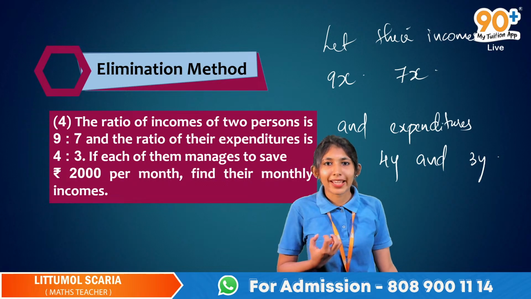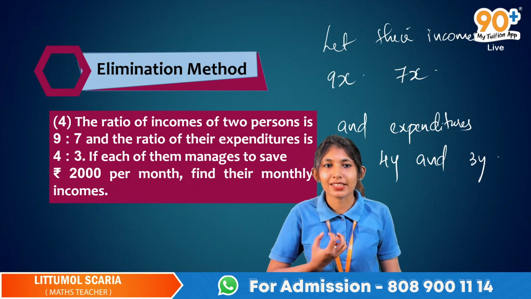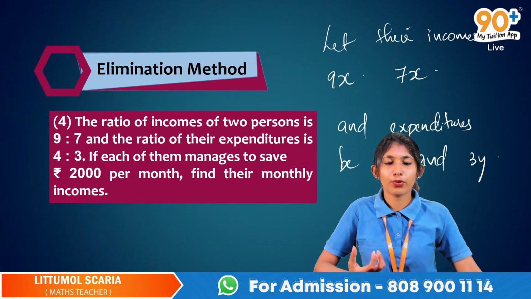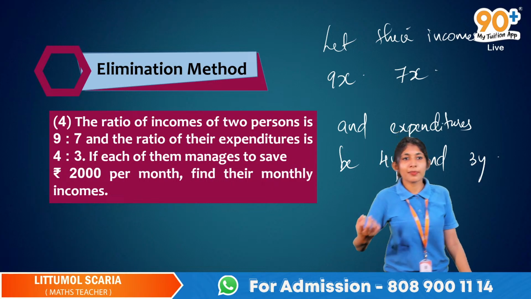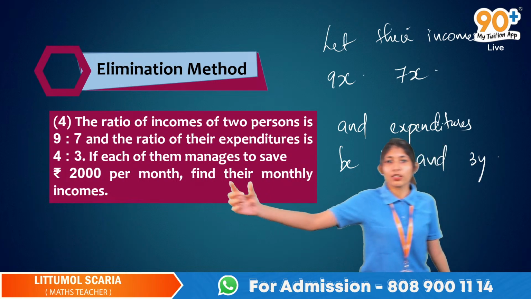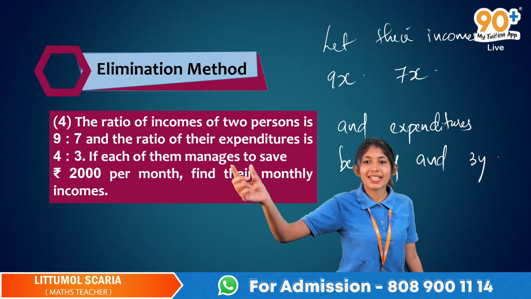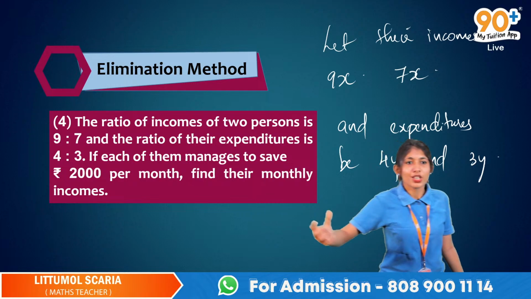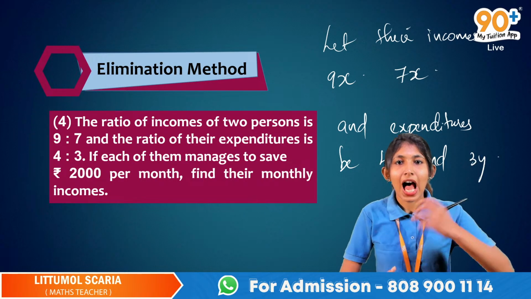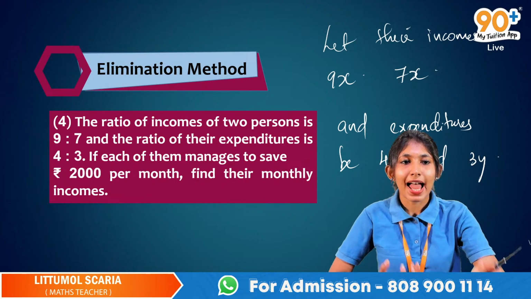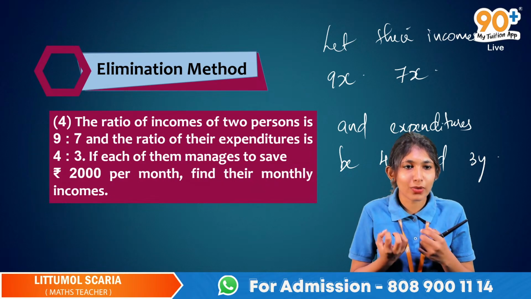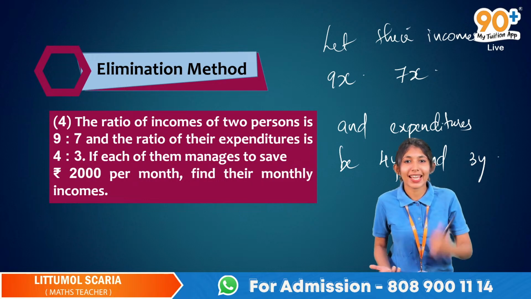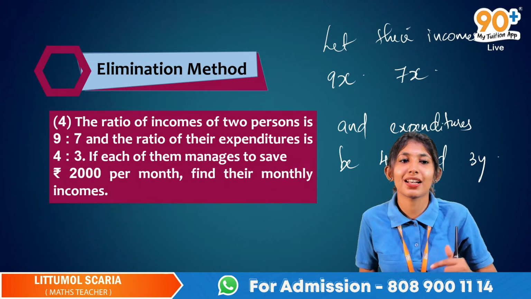What is left in my hand? 25,000 minus 10,000 is 15,000. That is my saving, which I have kept aside. I managed to save rupees 2000 per month.